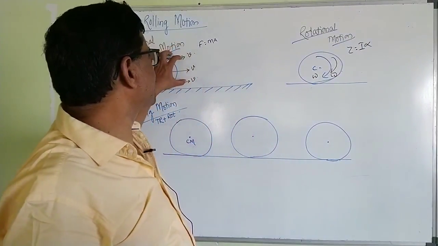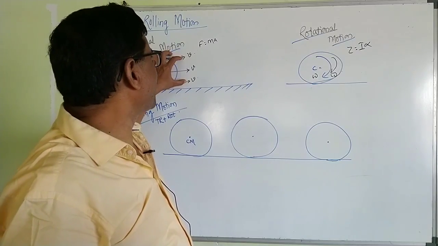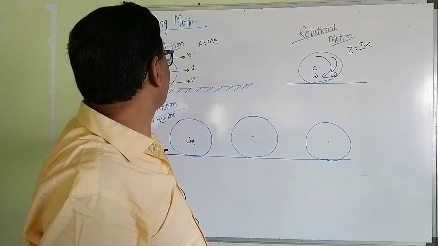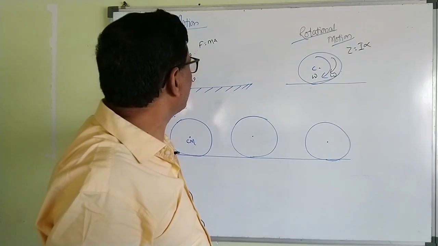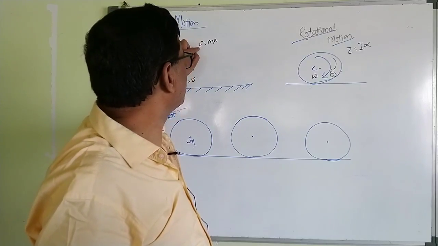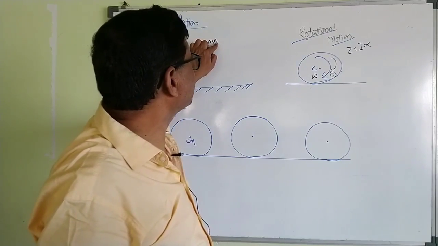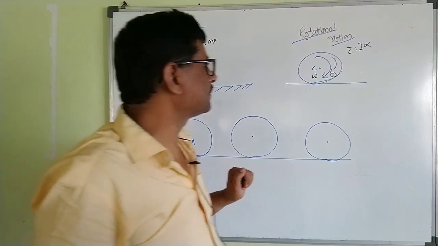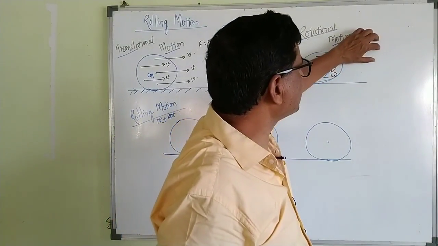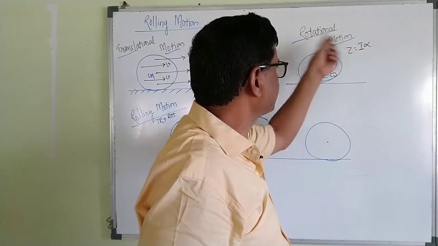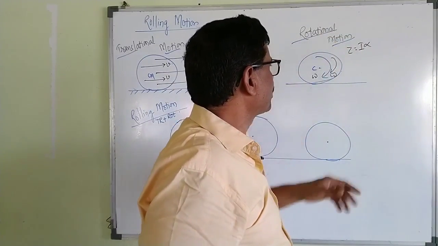This is pure translation, in which all the particles travel equal distance in equal time. Therefore, everyone has uniform velocity. All have equal velocity. If an external force is applied, they have the same acceleration. If there is no external torque and the body is rotating, it will rotate about the given axis.